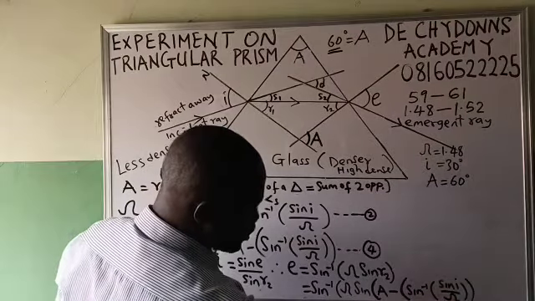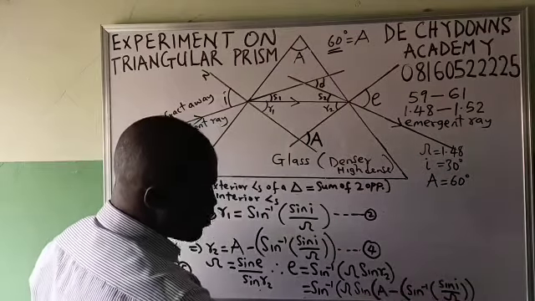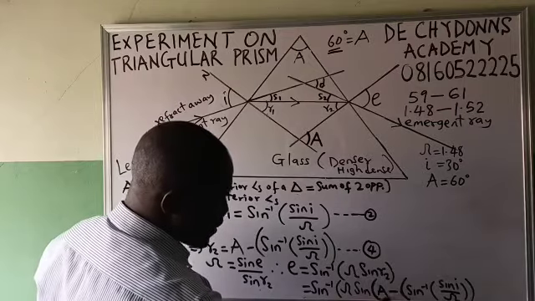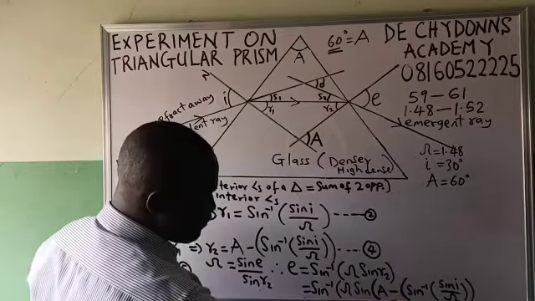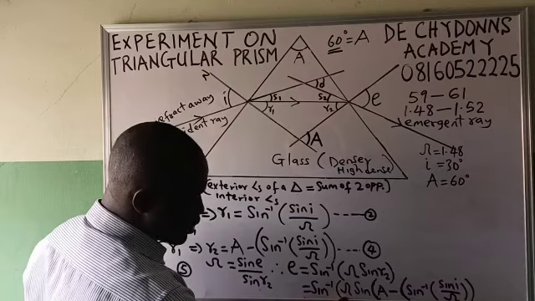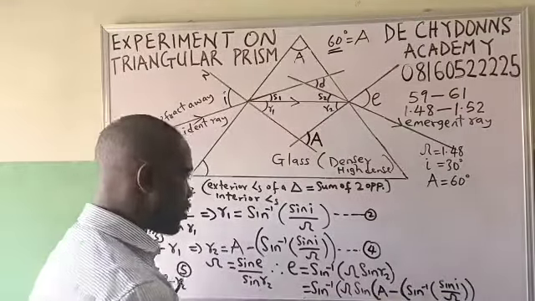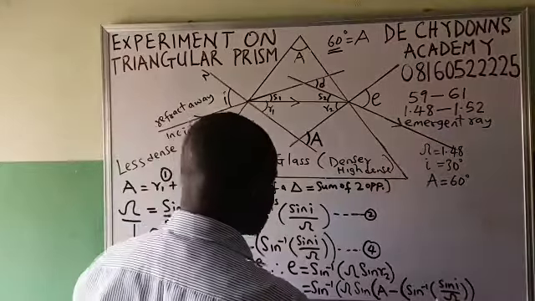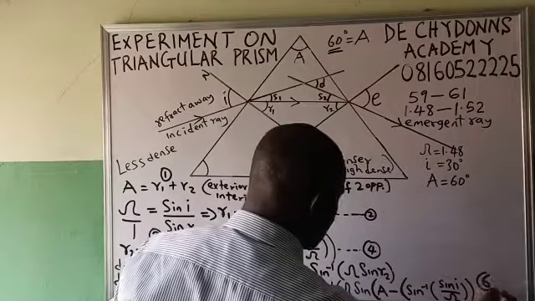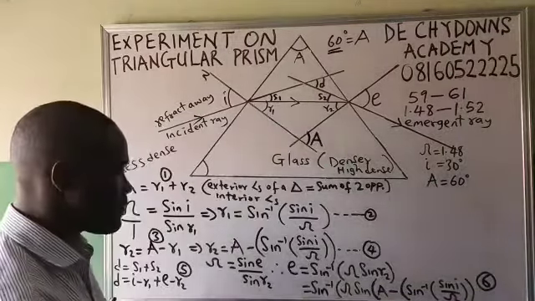Get the sine inverse of it, minus it from A, get the sine of the answer, and multiply it by the refractive index. All this will be done with the calculator and you get it as fast as possible. You call this equation 6.